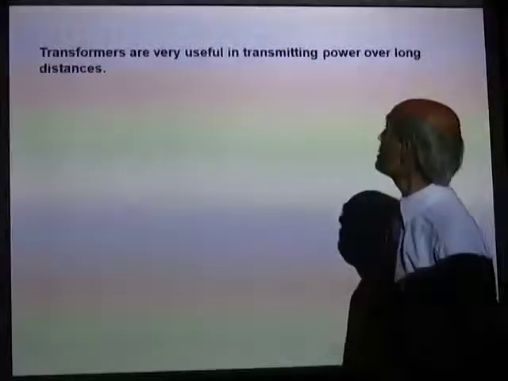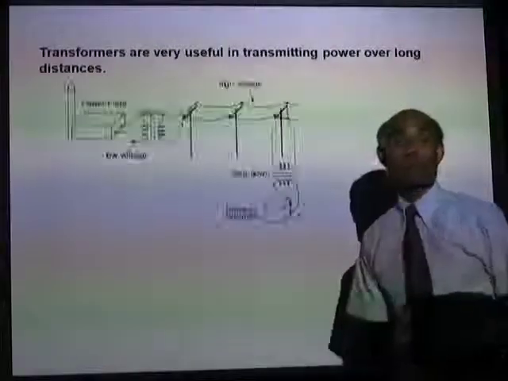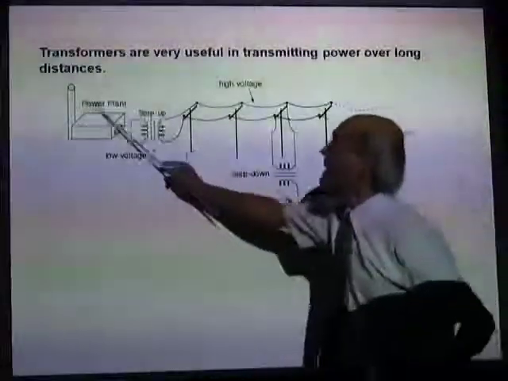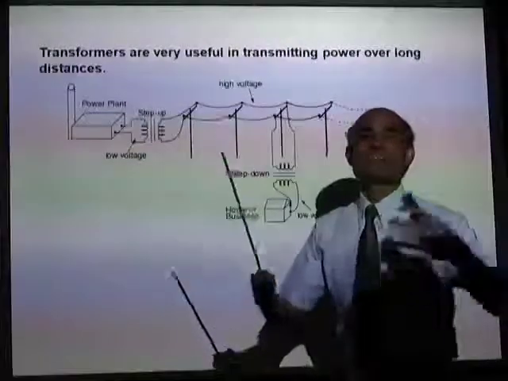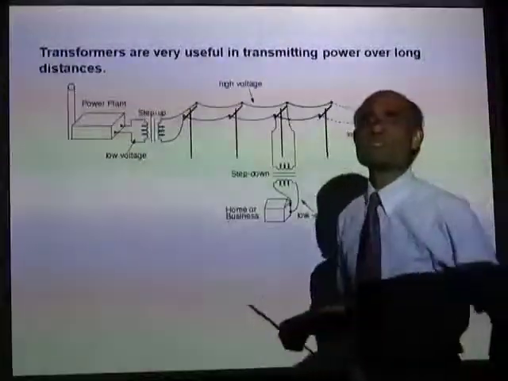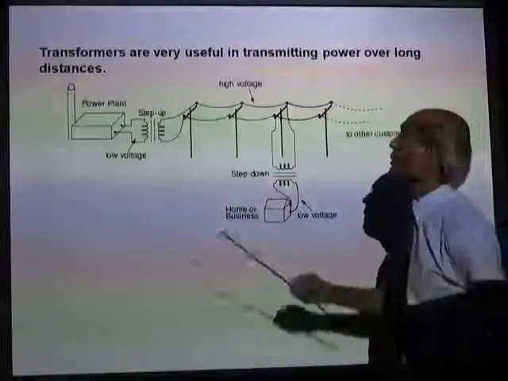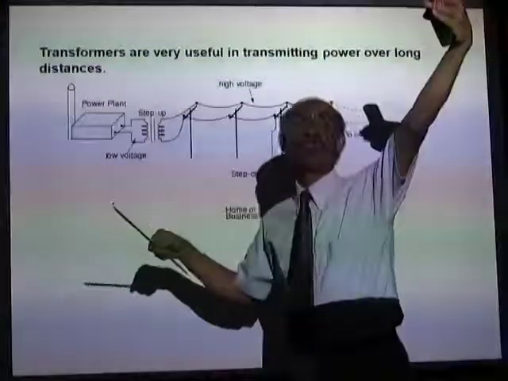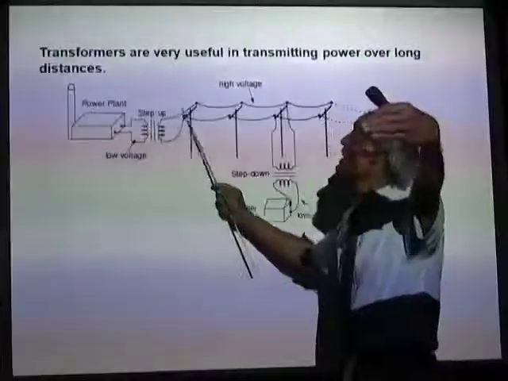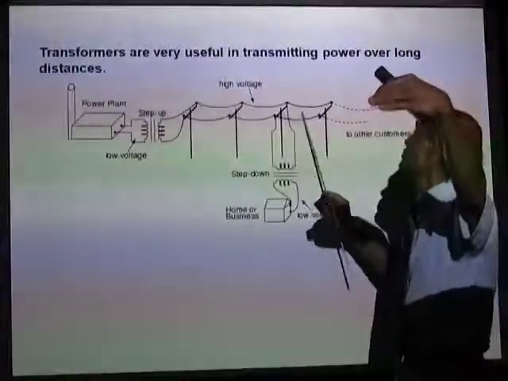Now, transformers are very useful in transmitting power over distances. In the power plant, electricity is generated at say about 15,000 or 20,000 volts. And now it is stepped up into say 400,000 volts, the high tension voltage.